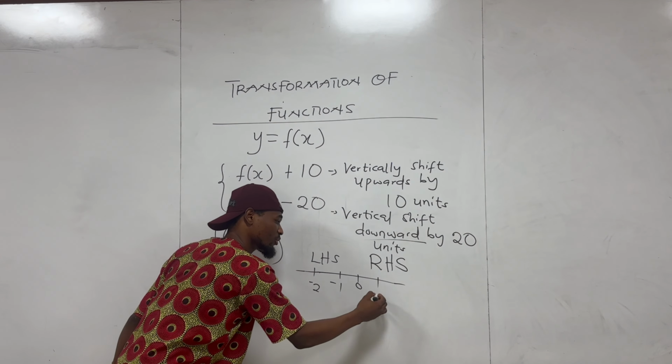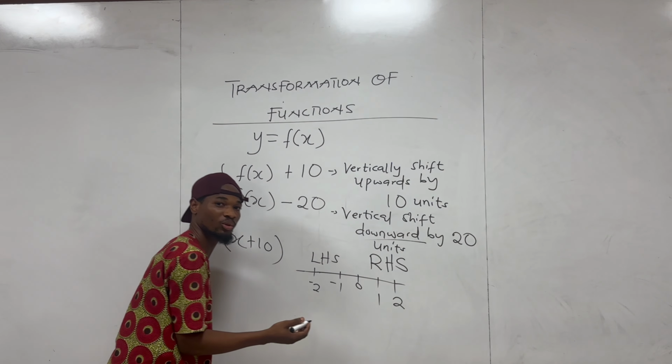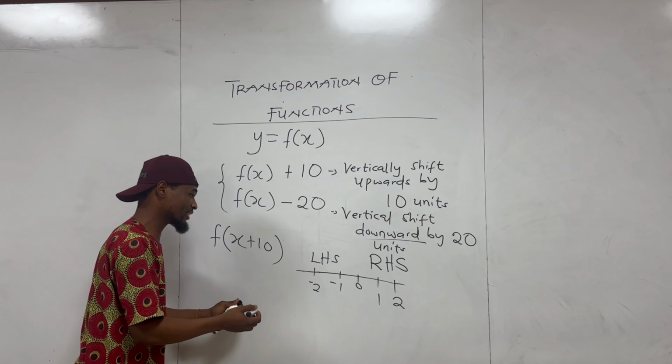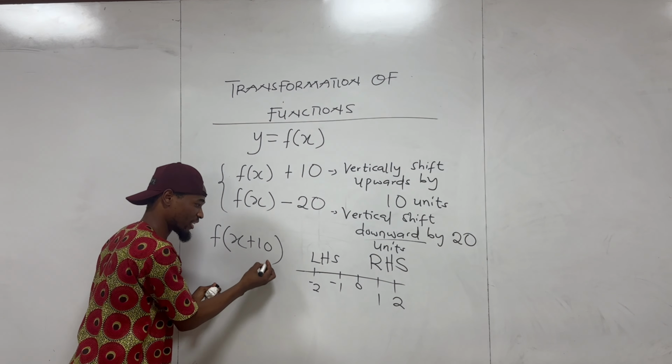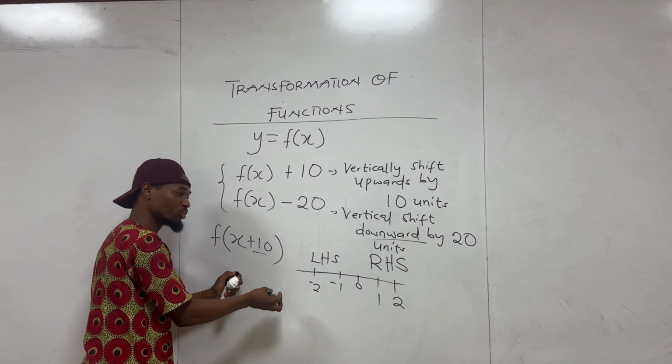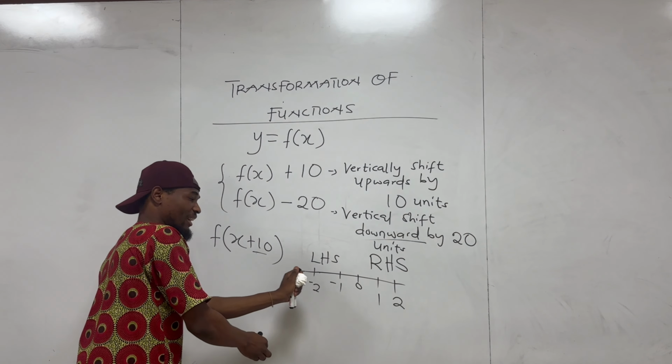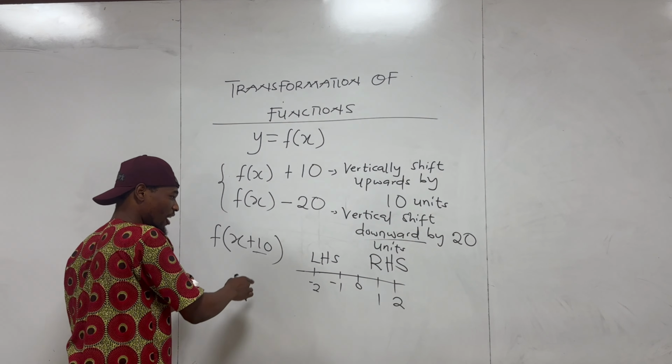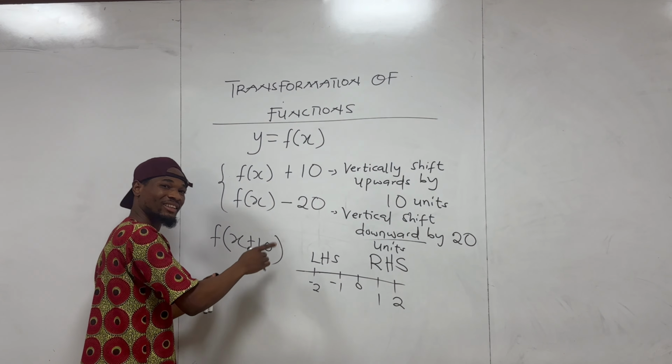So you have 1, let's say positive 2. So when I have a positive value over here, that means you are going to move to the left hand side. When I have a negative value, I'll move to the right hand side.